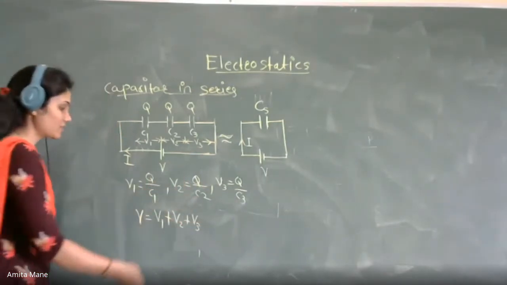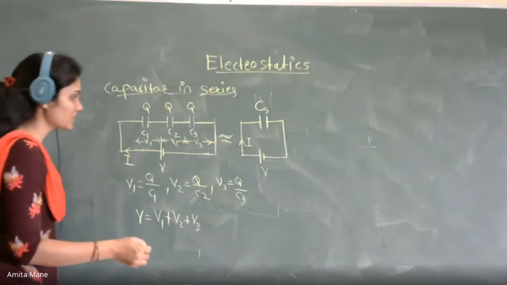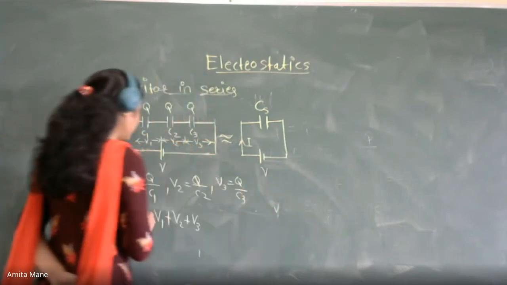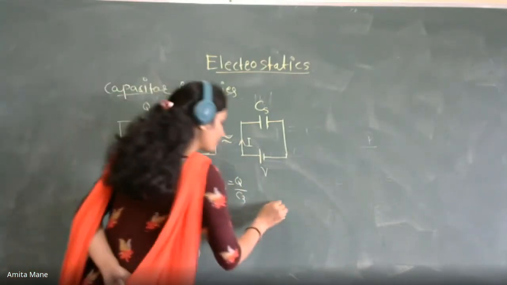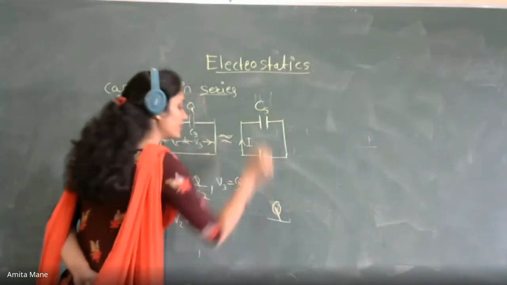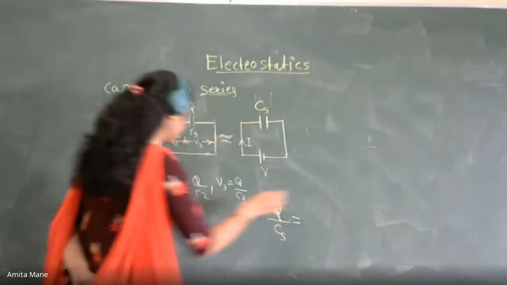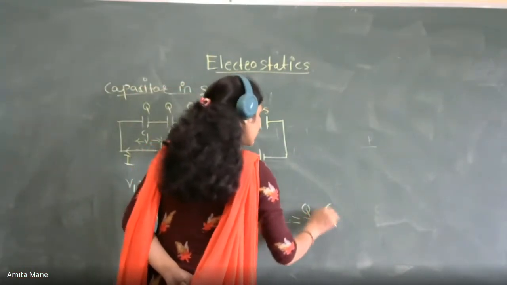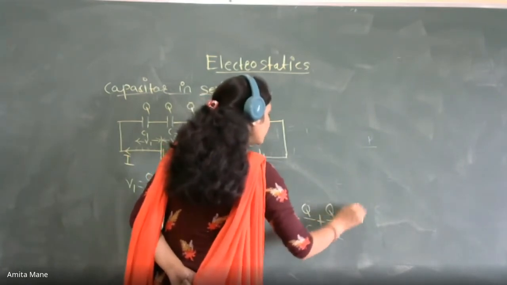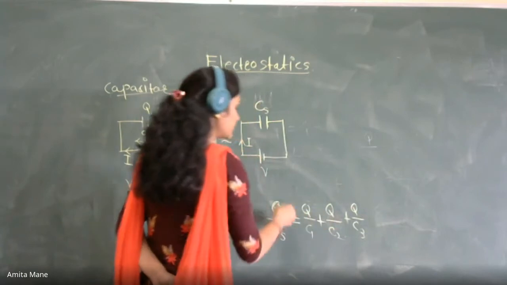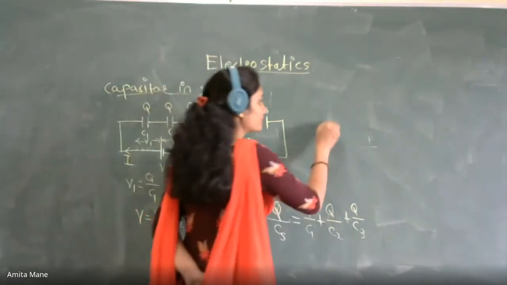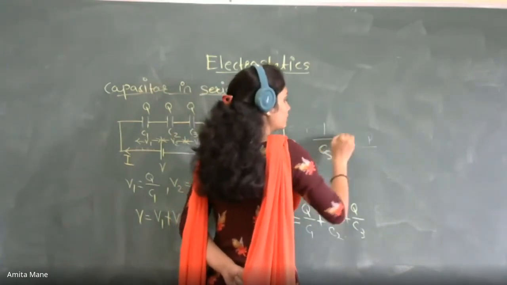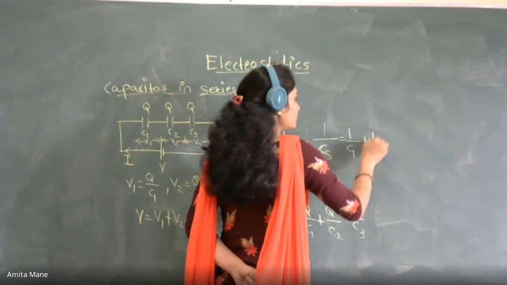So Q divided by CS is equal to Q divided by C1 plus Q divided by C2 plus Q divided by C3. Q will get cancelled and you will get 1 upon CS equals 1 upon C1 plus 1 upon C2 plus 1 upon C3.